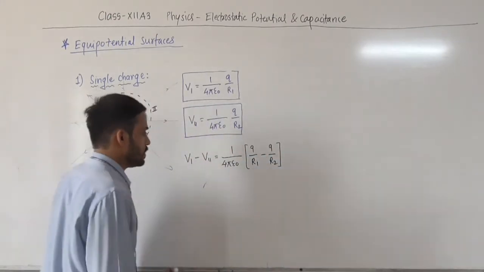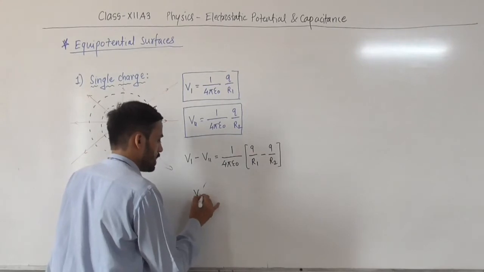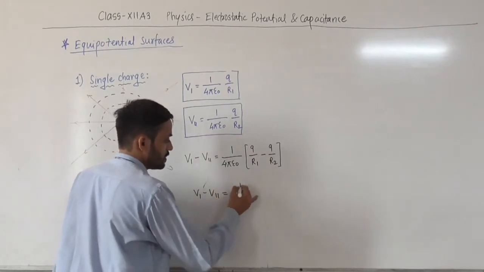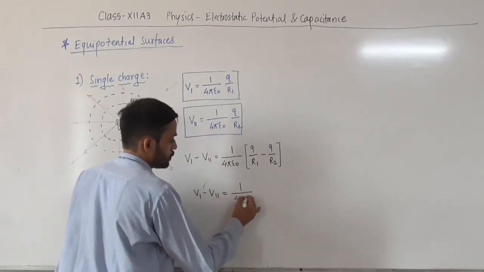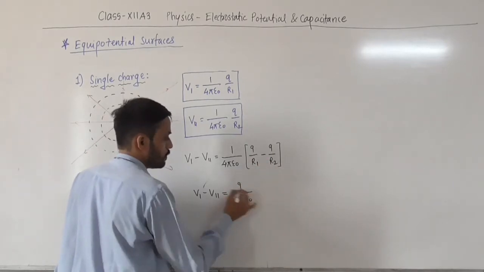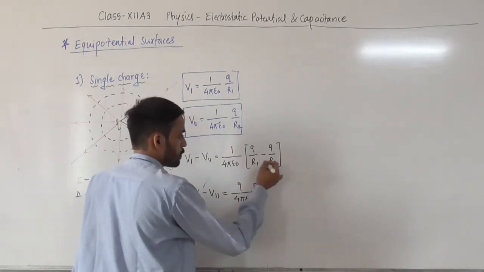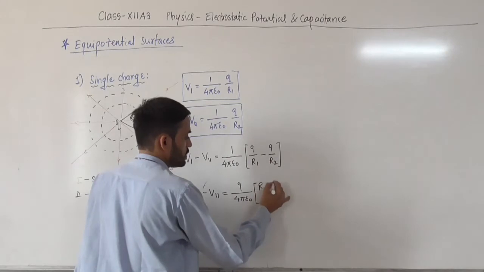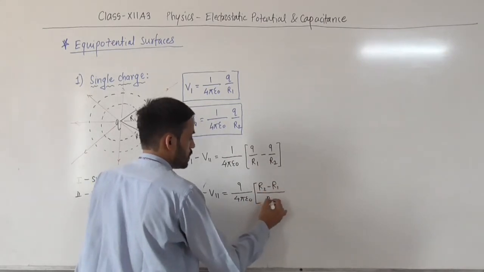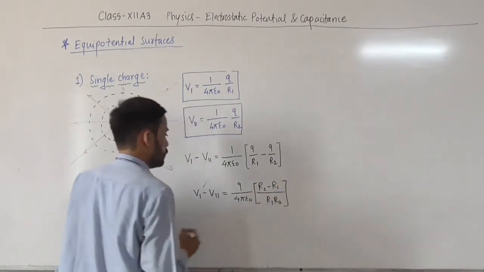So what will be the potential difference? So V1 minus V2 can be written as 1 by 4 pi epsilon naught, Q भी बाहर आ सकता है, Q by 4 pi epsilon naught 1 by R1 minus 1 by R2, that is R2 minus R1 upon R1 R2.